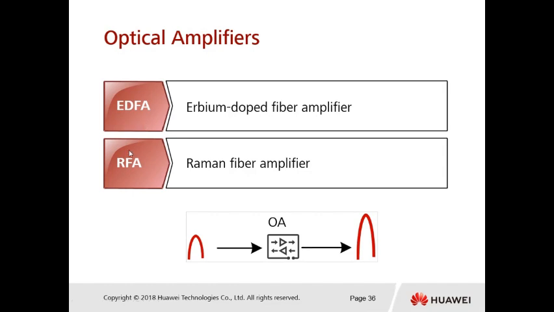OAs do not need to convert optical signals to electrical and then convert electrical signals back to optical, right? This feature forms two advantages over a regenerator. The first one is that OAs support any bit rate and signal format, and simply amplify all received signals. This attribute is generally described as OAs being transparent to any bit rate and signal format.